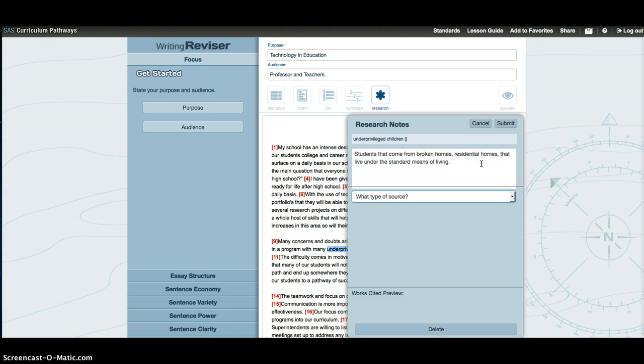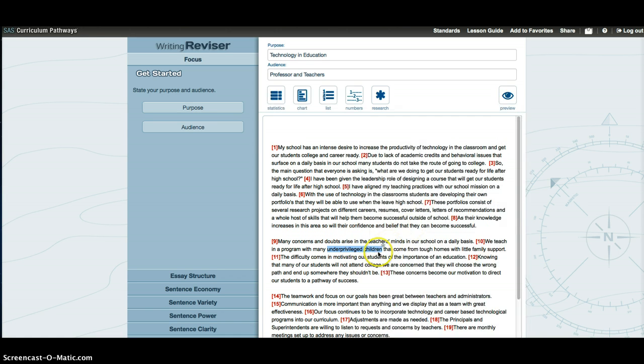Okay, that could be the poor students that are coming from a poor household. All right, so those are some of the research notes, and I click submit, and it's there. So whenever I read or scan over that phrase, I hit the annotation, and there's the information. All right, so you can do that with a lot of different phrases to get a little bit more information onto the essay. Nice idea.